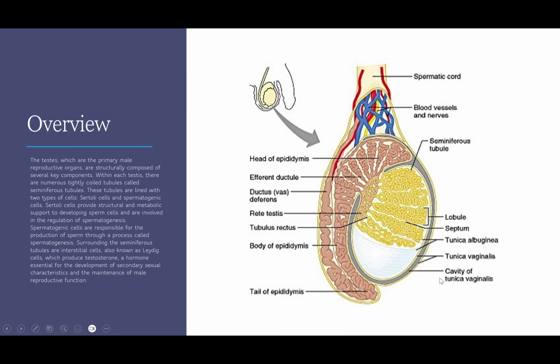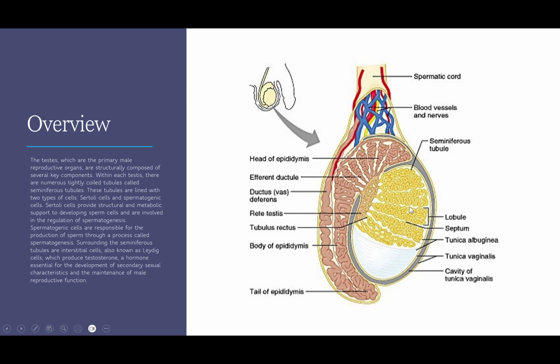All right, so an overview now. We know that the testes, the primary male reproductive organs, are structurally composed of several key components. Within each testis, there are numerous coils called seminiferous tubules.